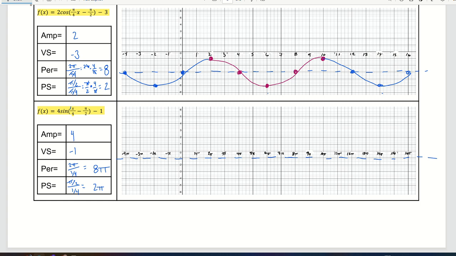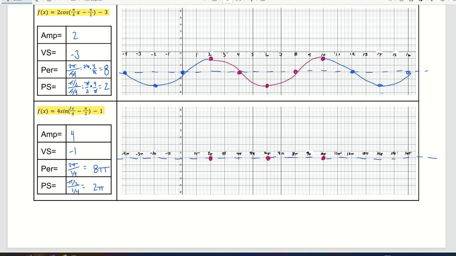We got our starting point at 2 pi, so we go to 2 pi, and for sine, we start with the midline crossing. We go our distance of our period later for our ending point. So if we start at 2 pi, our period is 8 pi, we're going to end at 10 pi. Directly in between at 6 pi, we have another midline crossing.